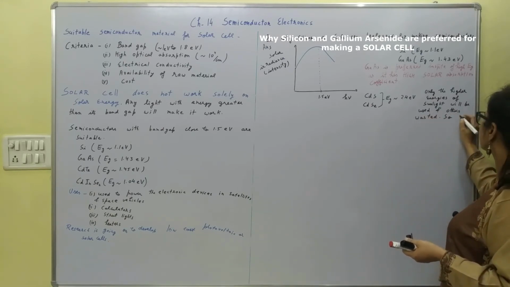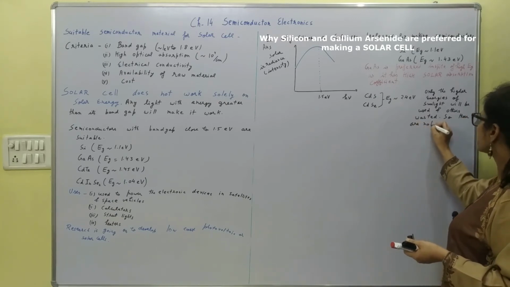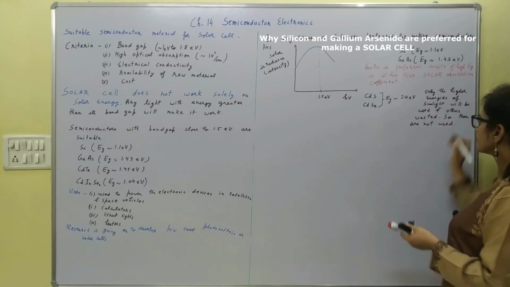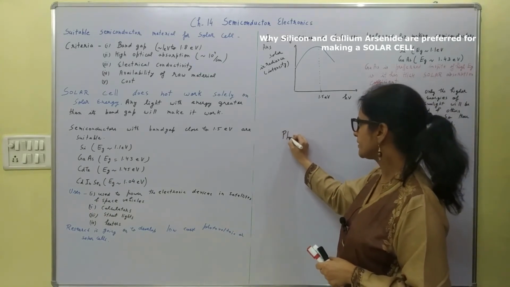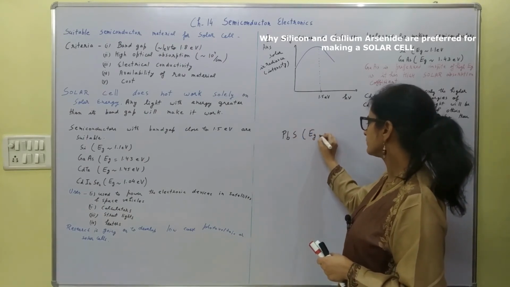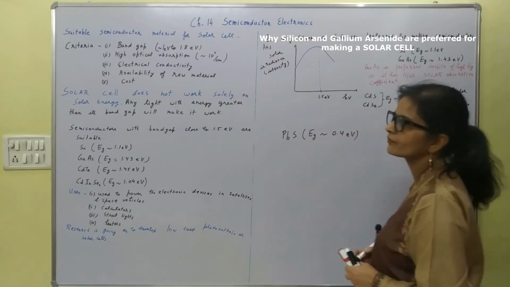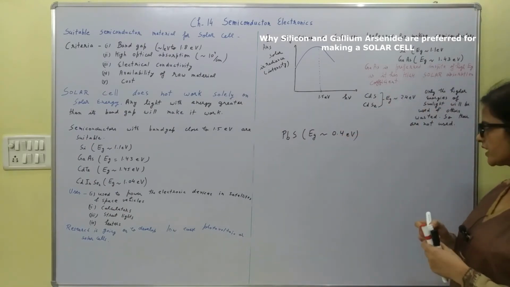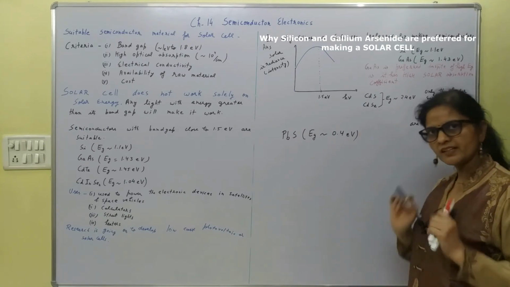So these are not used. Then we have lead sulfide whose energy gap is nearly 0.4 electron volt. So if the energy of sunlight is greater than 0.4 electron volt, all that energy will be used.